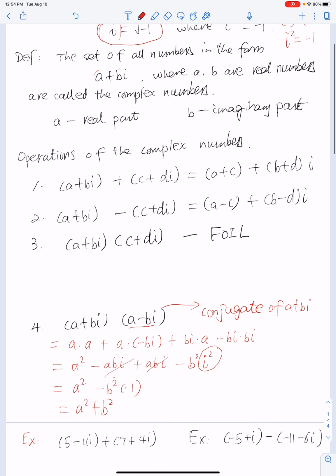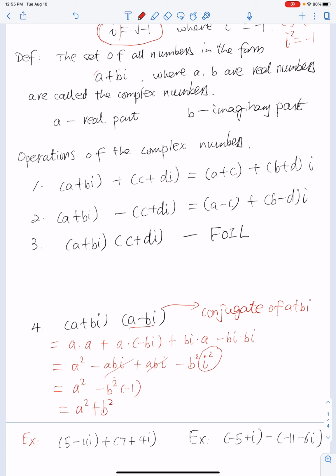The operations of the complex numbers means addition, subtraction, multiplication, and division. So if you wanted to add the two complex numbers, you just treat i as x. Combine like term.